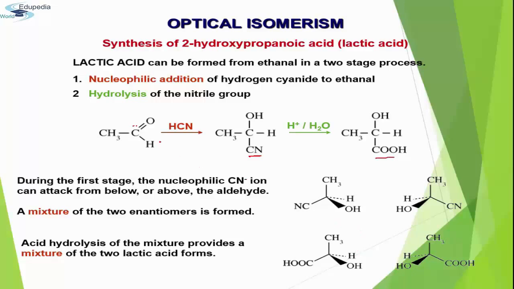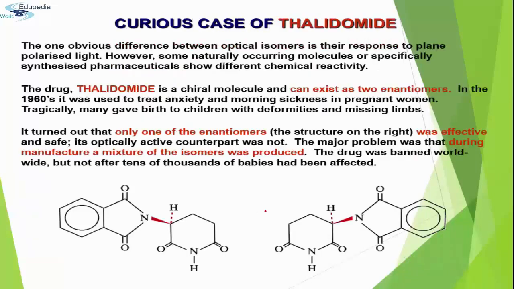So this way, if you cannot control the attack, it is random, so it can attack from above the plane or behind the plane. That's why it is very essential to study the optical activity of these compounds.